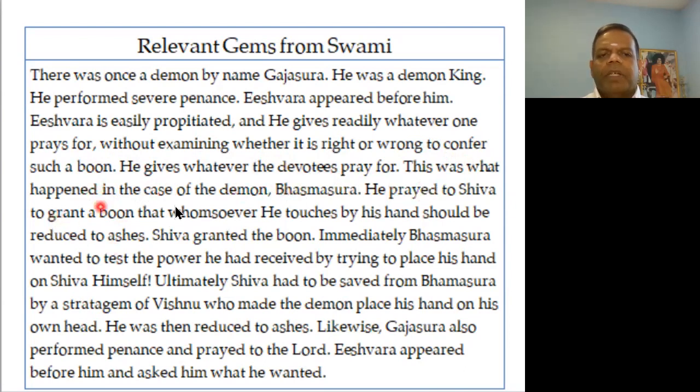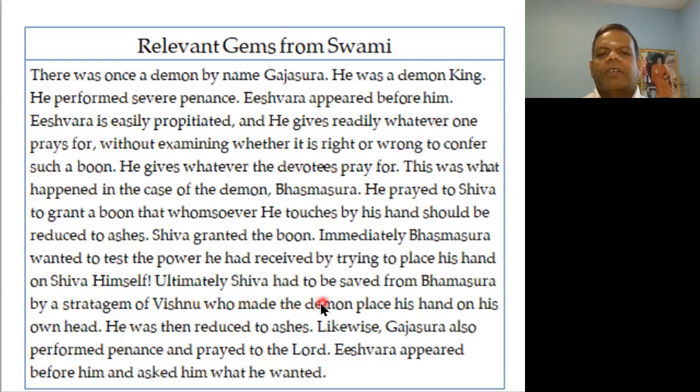This was what happened in the case of the demon Bhasmasura. He prayed to Shiva to grant a boon that whomsoever he touches by his hand should be reduced to ashes. Shiva granted the boon. Immediately, Bhasmasura wanted to test the power he had received by trying to place his hand on Shiva himself.